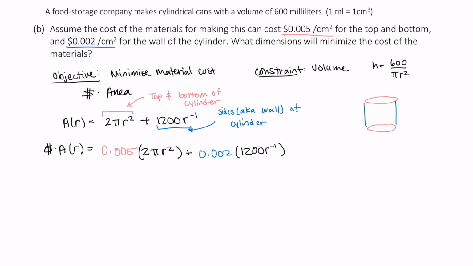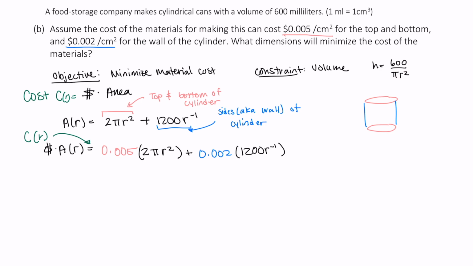Now, instead of continuing to write this sort of notation here, I'm just going to write this down as cost, so C. And it's actually a function of r still, so let me make sure I write it in that manner. There we are, C of r.